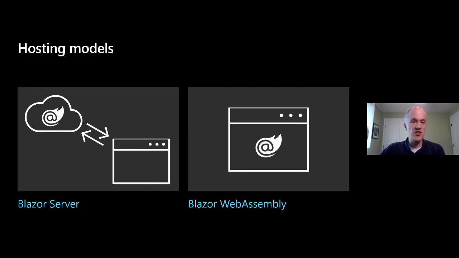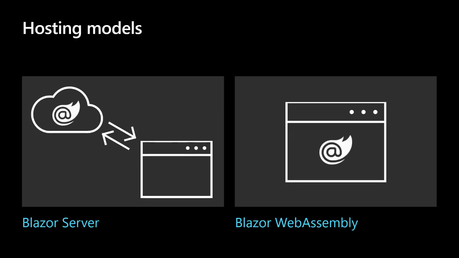Now, please note that Blazor WebAssembly apps do not use, let me go back to this slide so that everyone's clear on this. The WebAssembly app runs purely client-side. It doesn't need a SignalR connection at all. In fact, it can be published as a static site. The app itself is just a bunch of static files that you can publish on any static site hosting solution and then download into the browser. And at that point, you don't need .NET on the server at all. It could be nothing on the server.